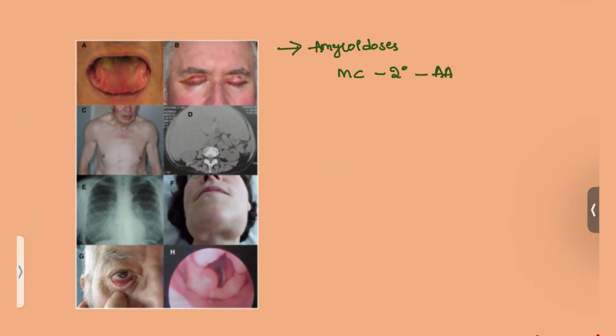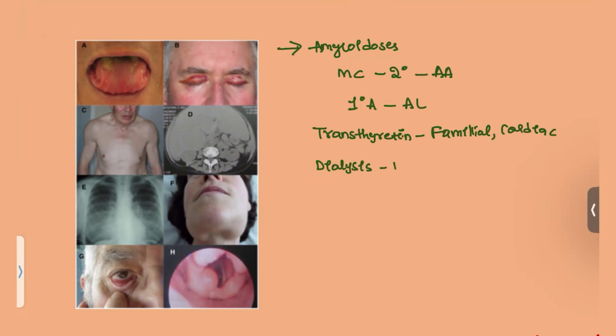Next, primary type of amyloidosis is going to have the AL type of amyloid. Next, transthyretin. This is seen in the familial type and also in the cardiac type of amyloidosis. Next, we also have the dialysis type where you are going to have beta-2 microglobulin.